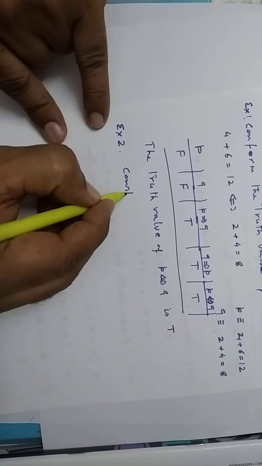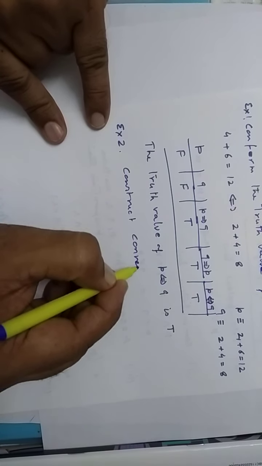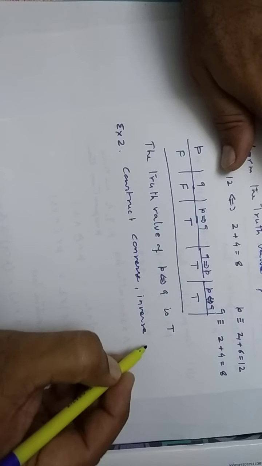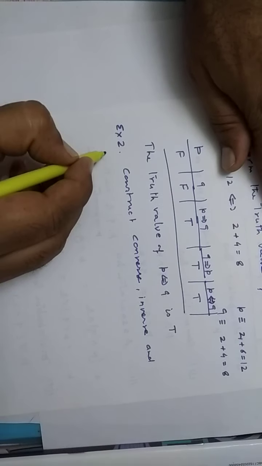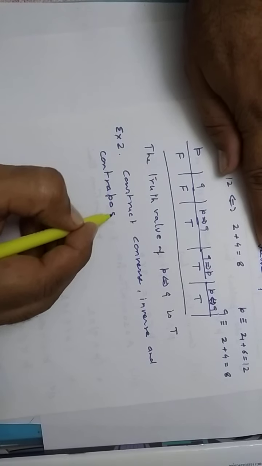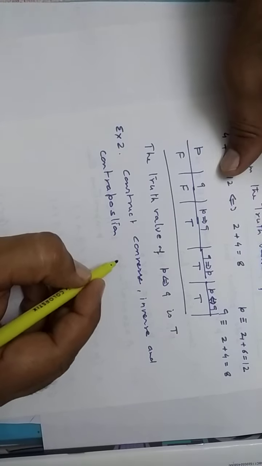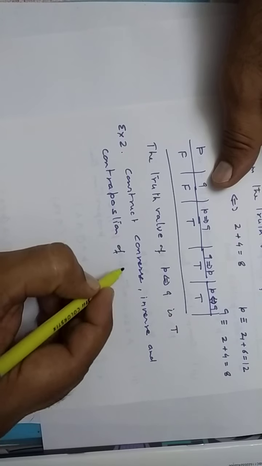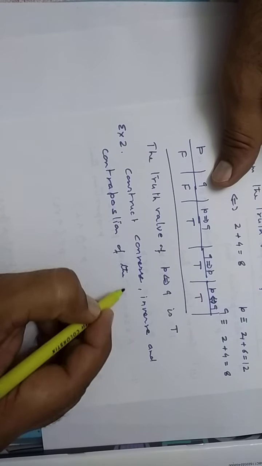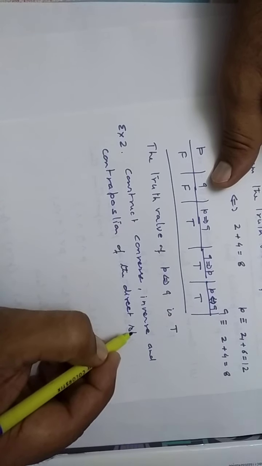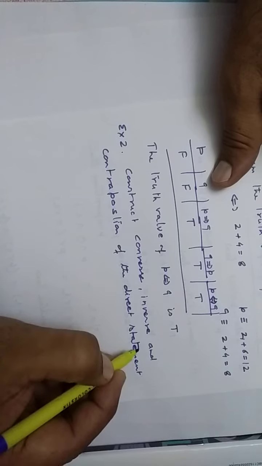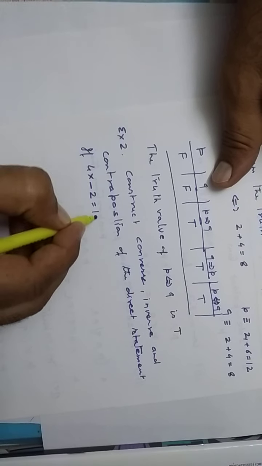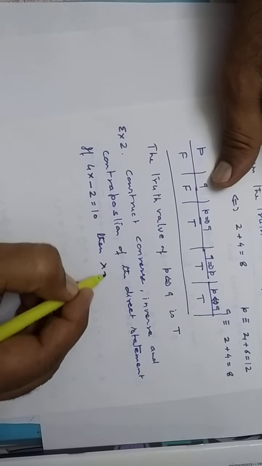Construct the converse, inverse and contrapositive of the direct statement: if 4x minus 2 is equal to 10, then x is equal to 3.